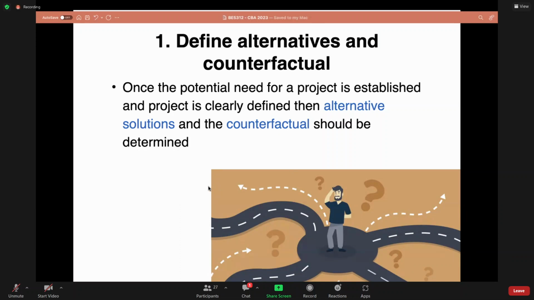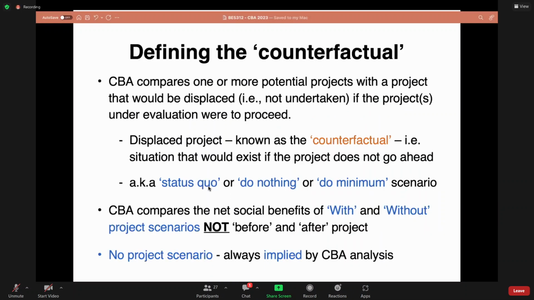So what do we mean by the counterfactual here? In CBA, we compare the project which we are considering with any project that would be displaced or not undertaken if we go ahead with the option that we are evaluating.